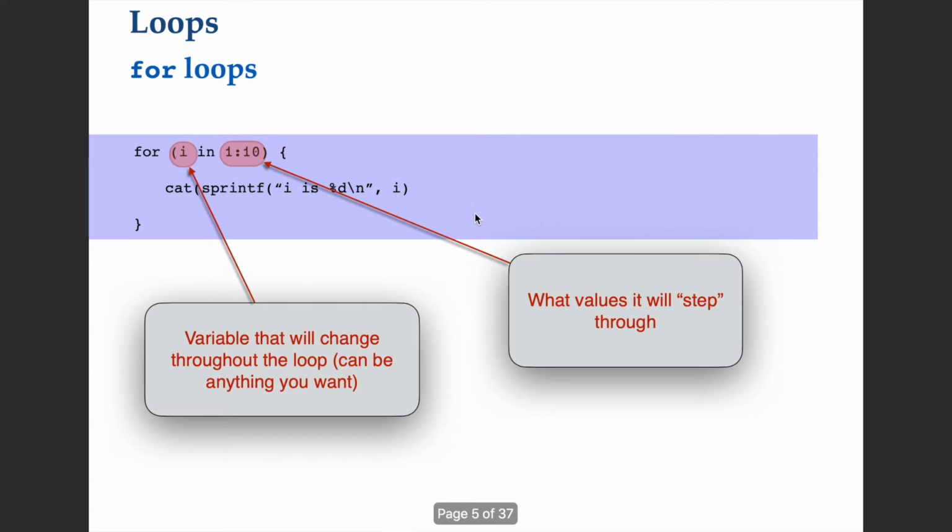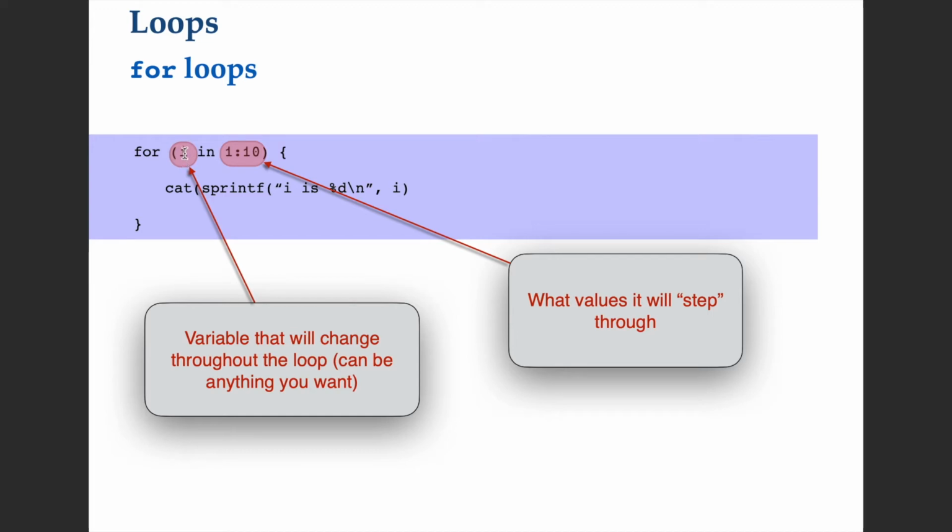And so in this case, how for loops work is you specify a variable name, and this value is going to change each time the program steps through this loop. And so we can call this whatever you want. We could call this Bob or whatever. But I'm calling it i here, just because that's common.